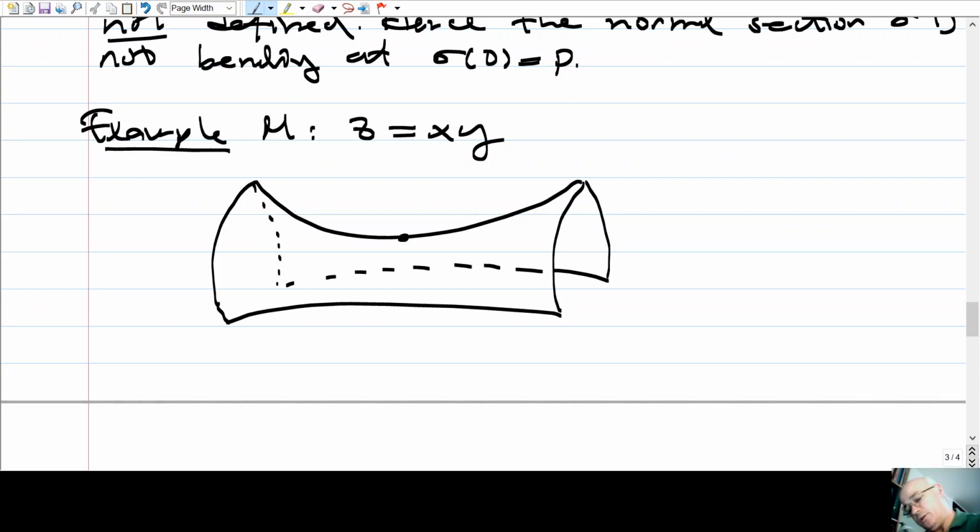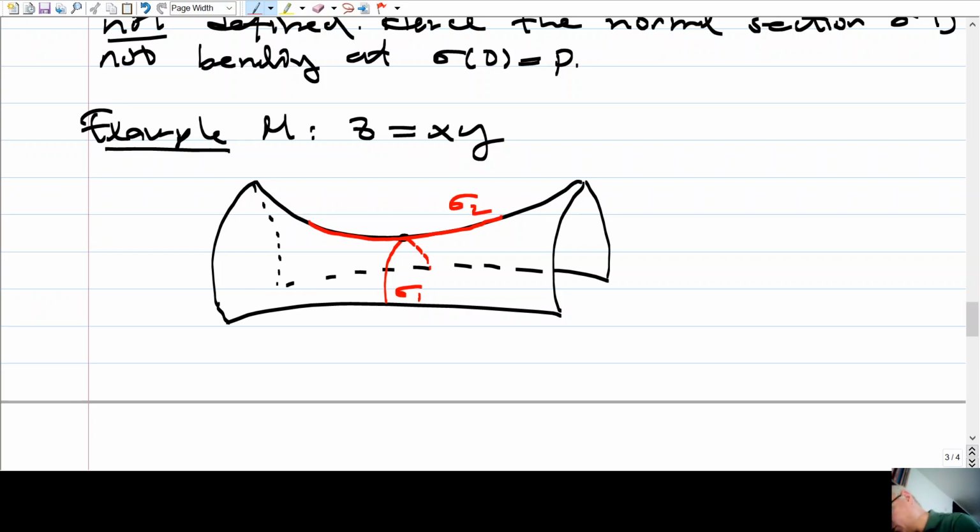Suppose this is the point 0, 0. Now we have four different normal sections. Well, we have infinitely many, but I'll draw four of them. One of them is this. The other one is this. Let me call this sigma 1.